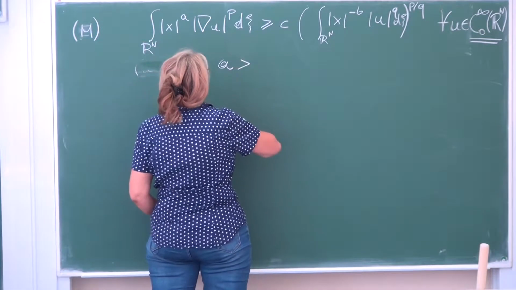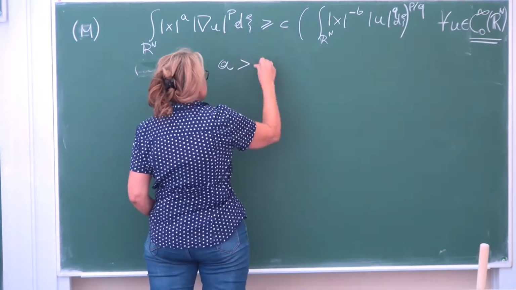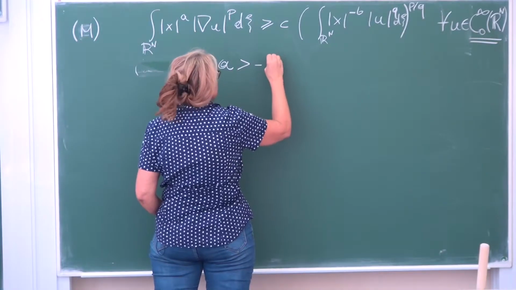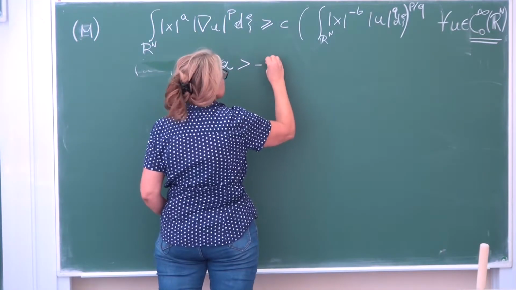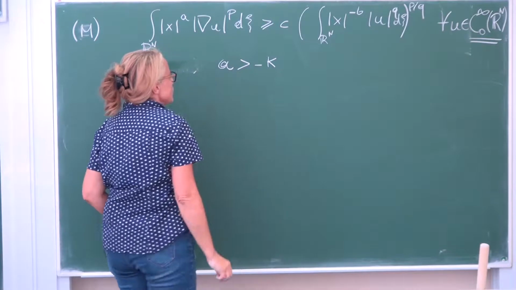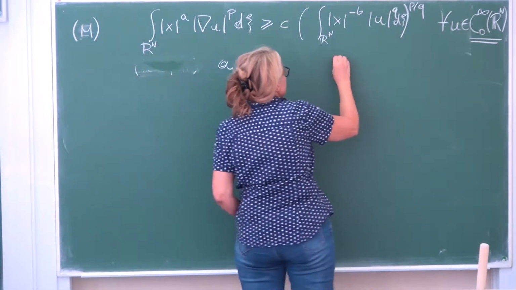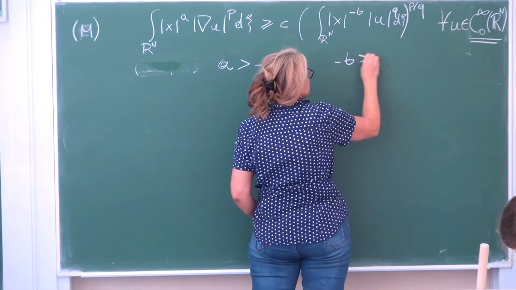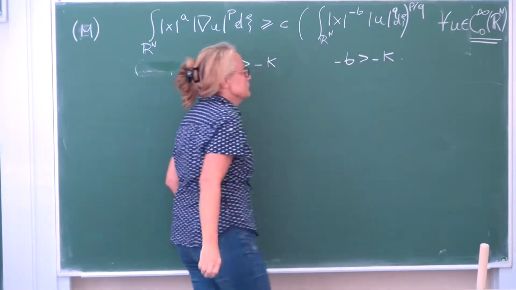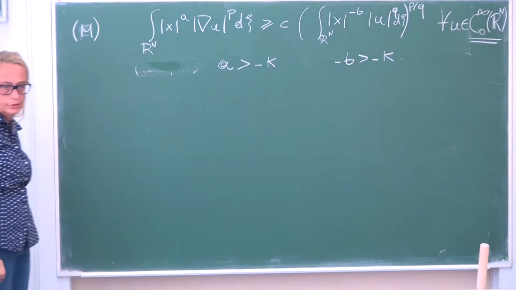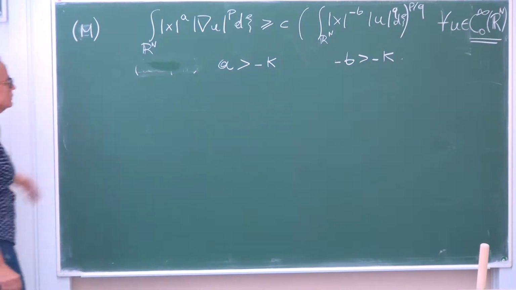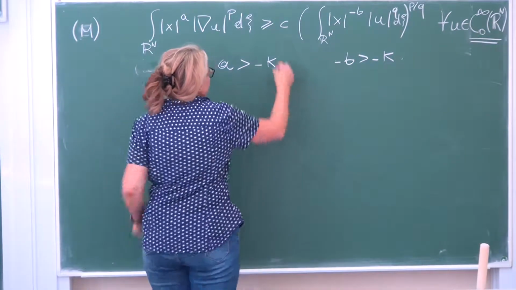So I need to ask that a is greater than minus k, and minus b greater than minus k. I can write the two integrals for any u.